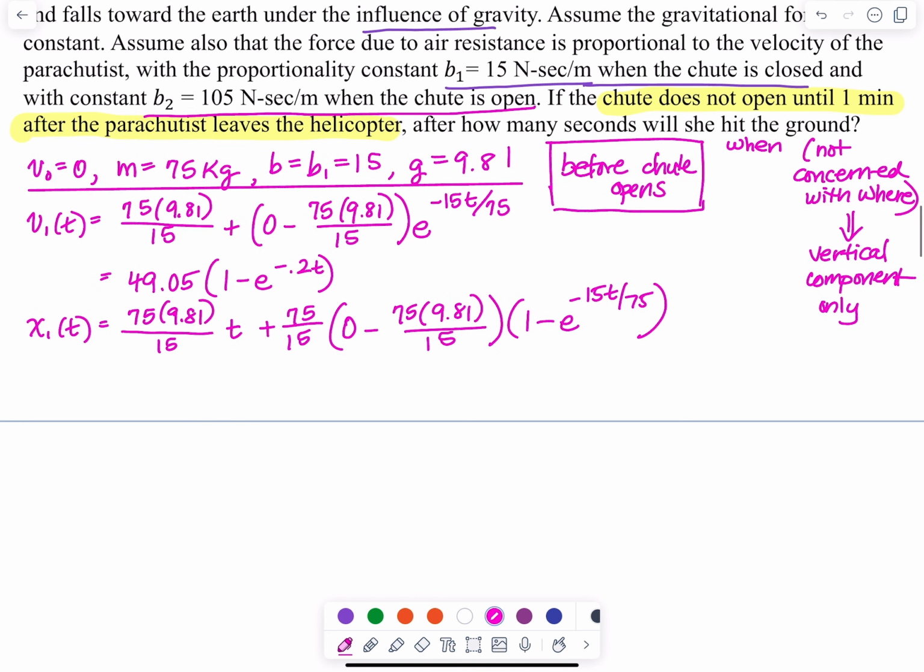Simplifying that, I came up with 49.05t minus 245.25 multiplied by 1 minus e to the opposite of 0.2t.